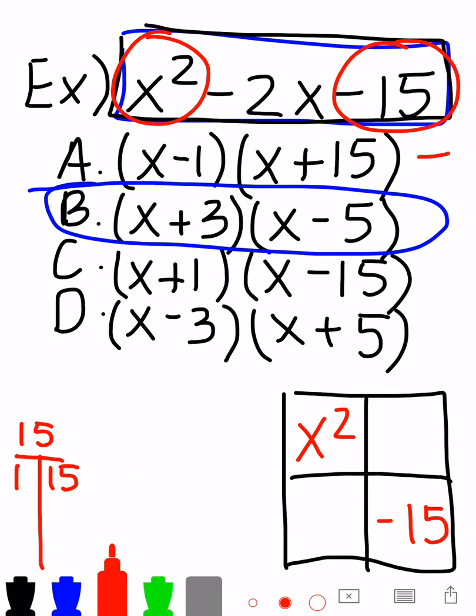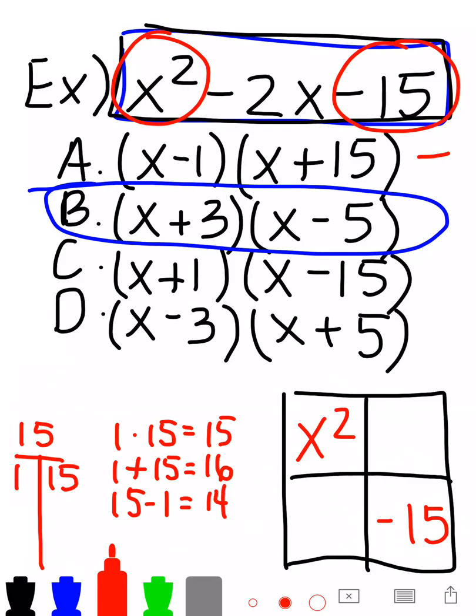When I say that, I mean 1 times 15 equals 15. 1 plus 15 equals 16. That's not 2. And 15 minus 1 will give you 14. That's not 2. So that means that 1 and 15 cannot be the factors.